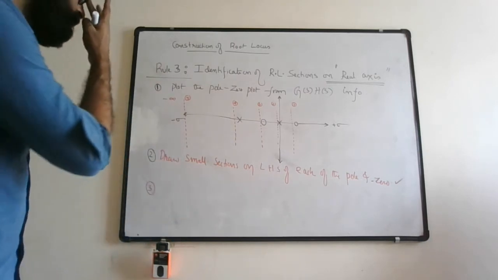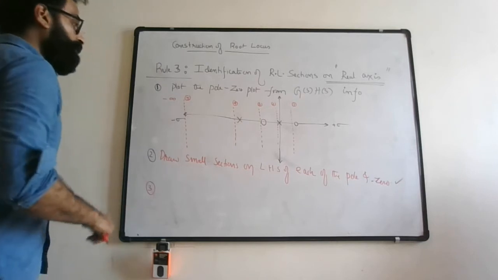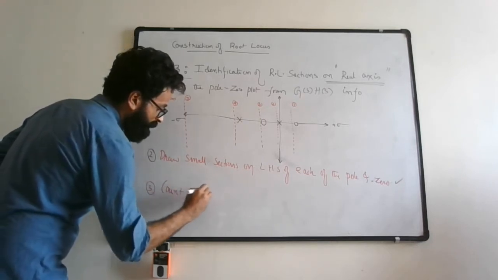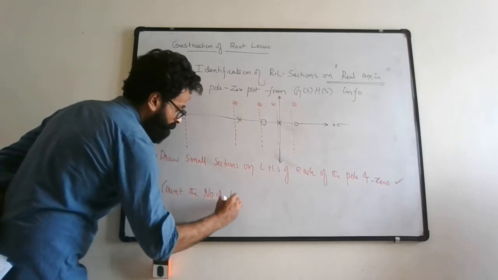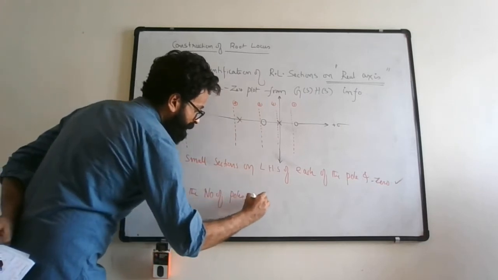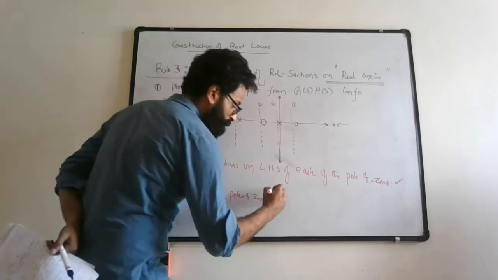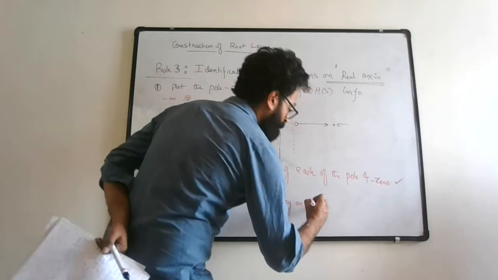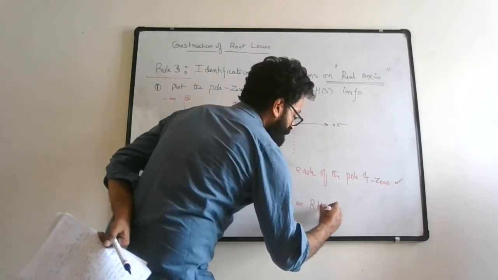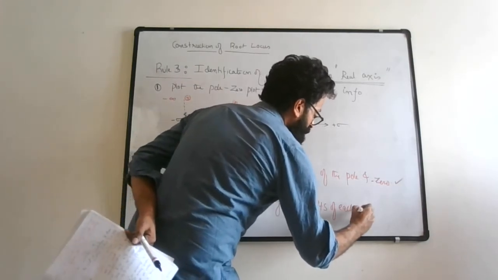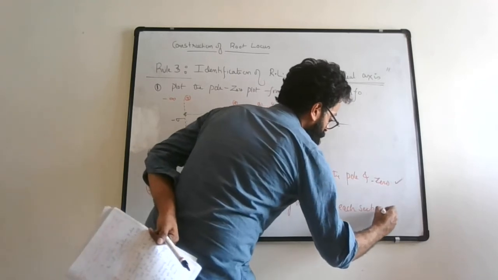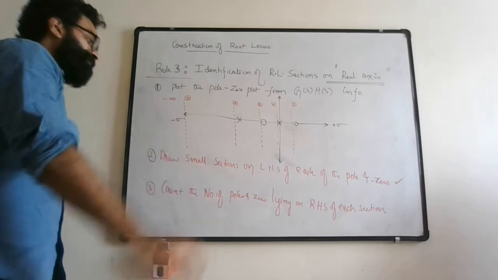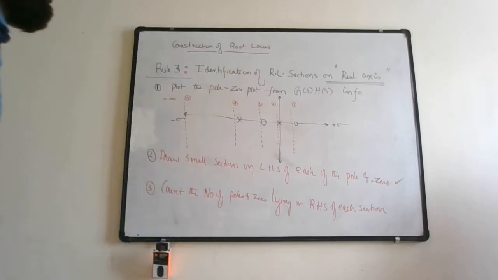The last step of rule 3: count the number of poles and zeros lying on the right hand side of each section.